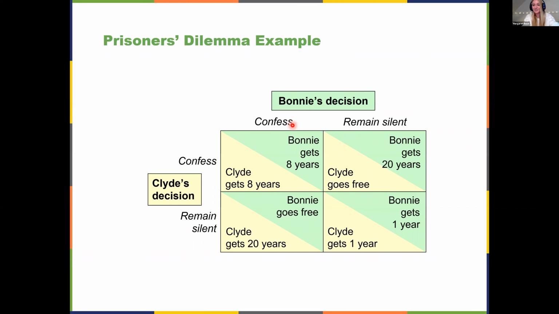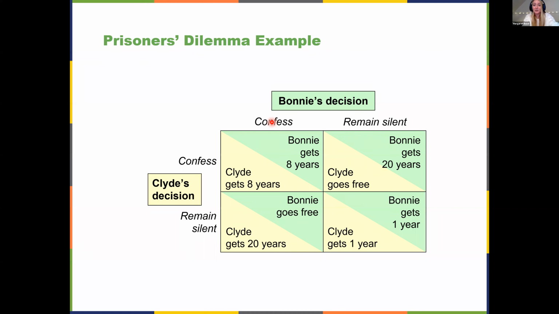So because of this risk of potentially remaining silent and the other person confessing on you, there's this desire to cheat on this agreement and break the silence and blame the other person for the crime.